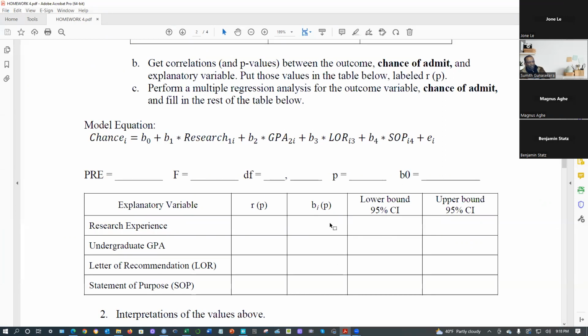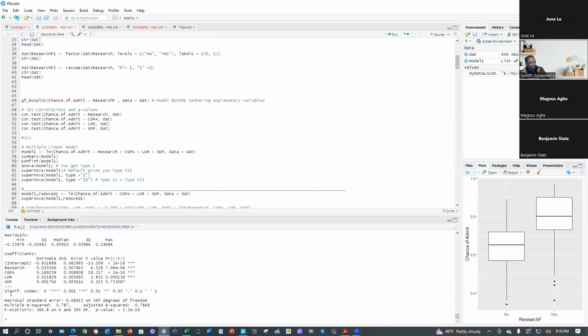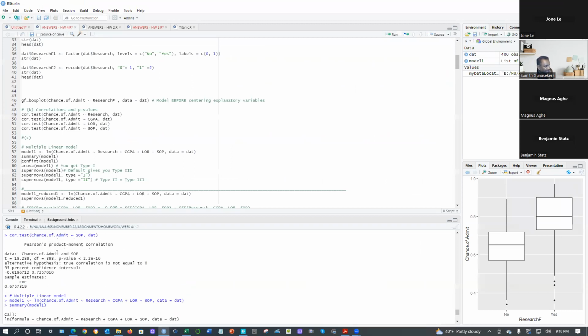Are we interested in the lower and upper bound of R or B1? That's the question. R has a confidence interval, and B naught also has a confidence interval.